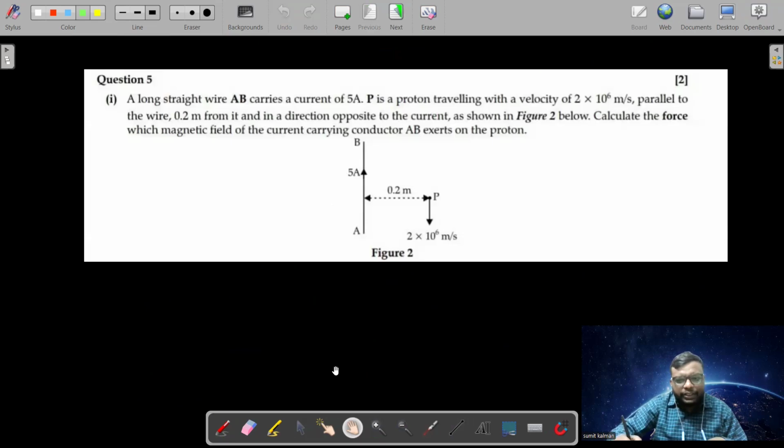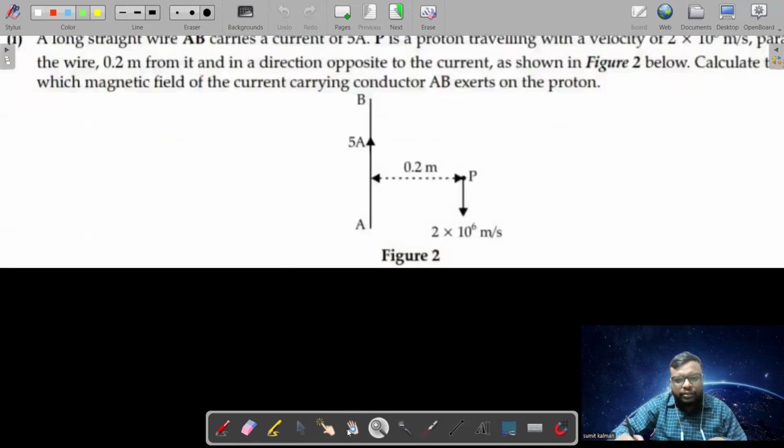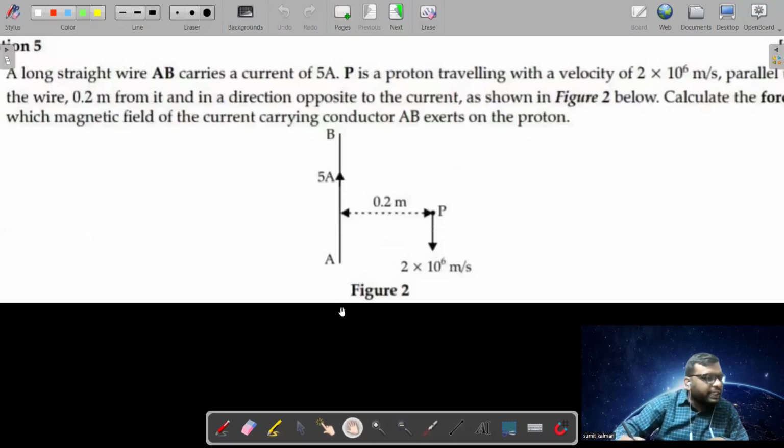Here you will see, here current is flowing in the upward direction.